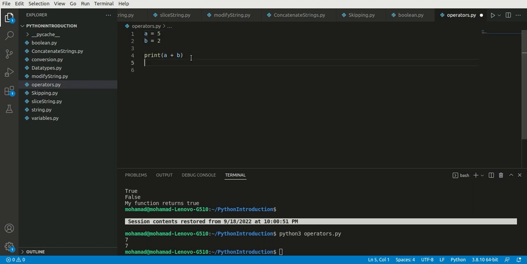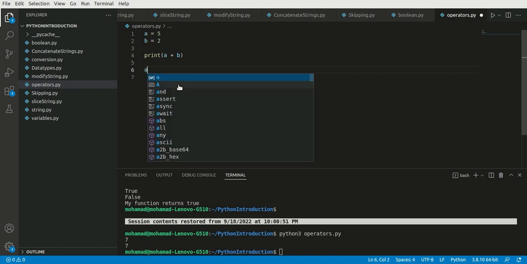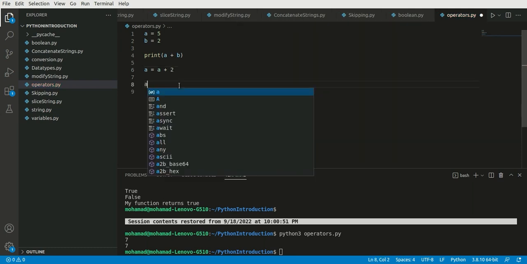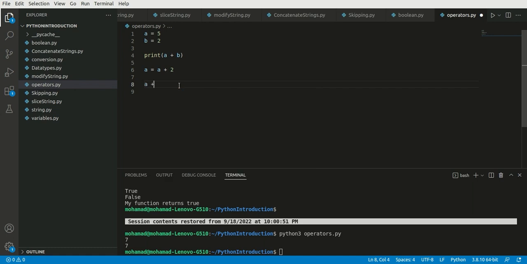And there are times that you want to increase a number by, for example, 1 or 2 or any other number. You can write A equals A plus 2, or for easier writing, you can write A plus equal 2, and these two should work the same, with the difference that this one is much easier.